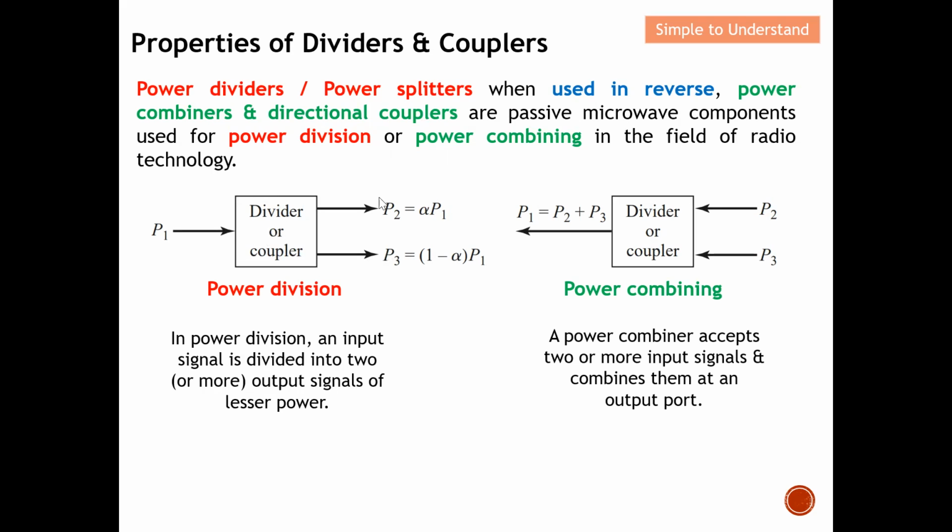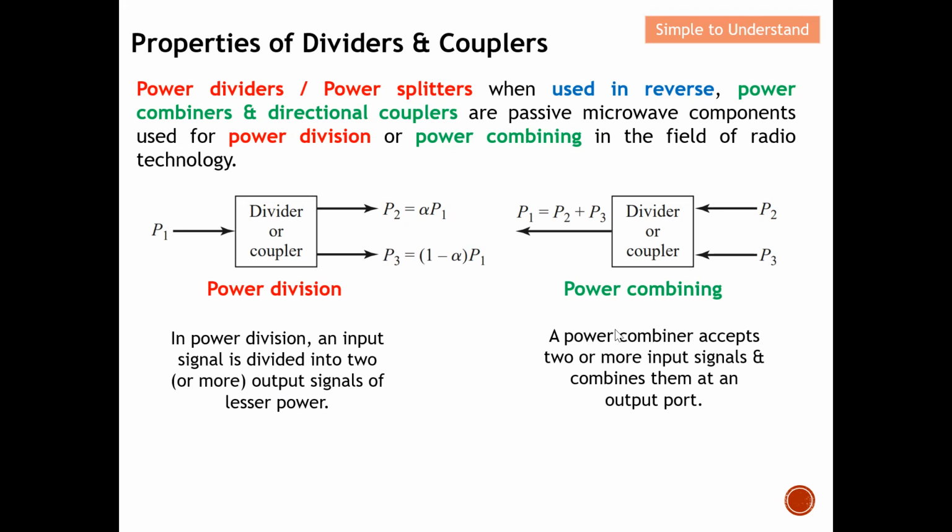Therefore, the summation of P2 and P3, which means P2 plus P3, must be less than P1 because the source is from P1. Hence P2 plus P3 cannot be bigger than P1. This is a simple definition and requirement for a power divider or power splitter.